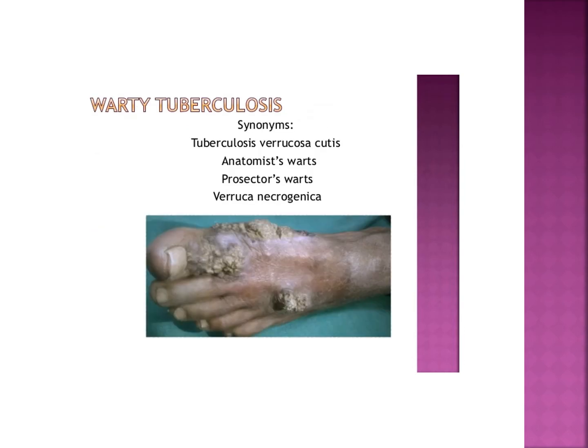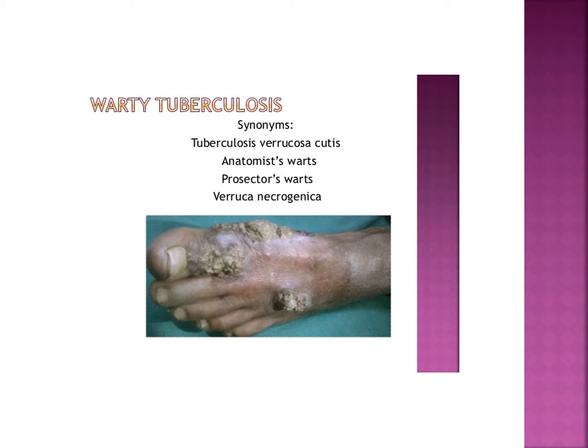So this is another type of inoculation tuberculosis which we had earlier discussed in our classification. Inoculation means that the organism is introduced into the skin by some external or physical trauma.